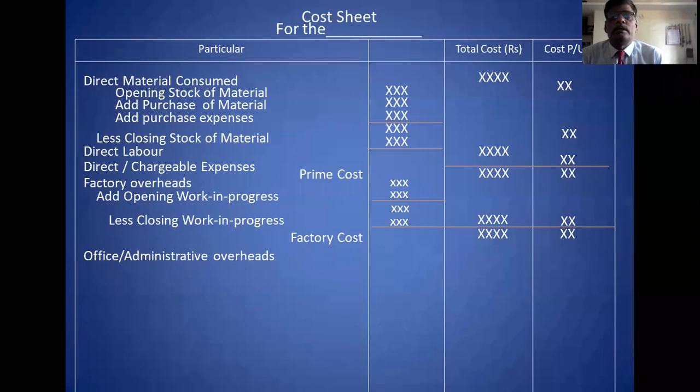In the general office, there may be accountants, general accountants, clerks, peons, then furniture, then printing and stationery, then the postage. Like that, whatever expenses you incur in the administrative department or in the office department, you have to collect and record under this head.